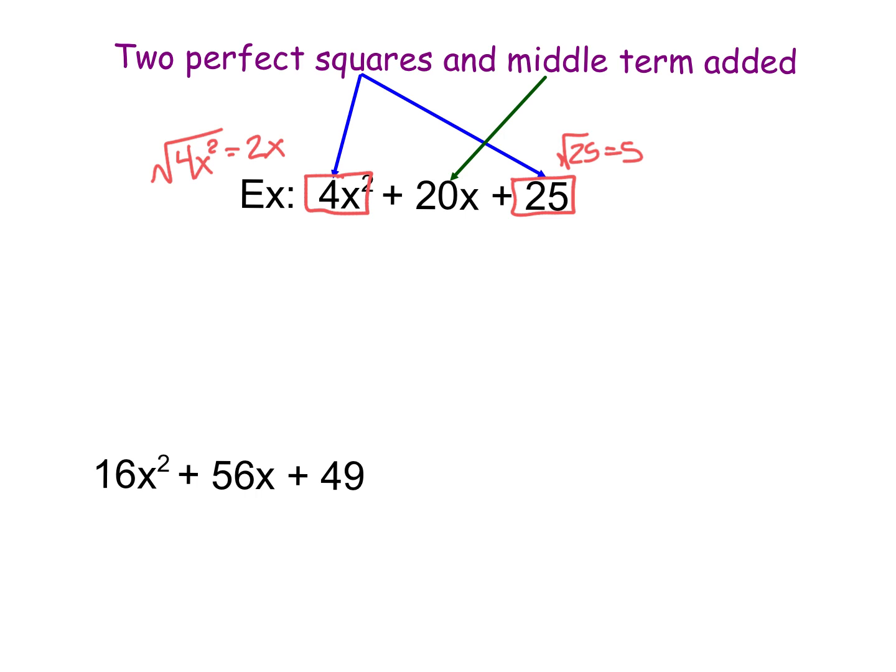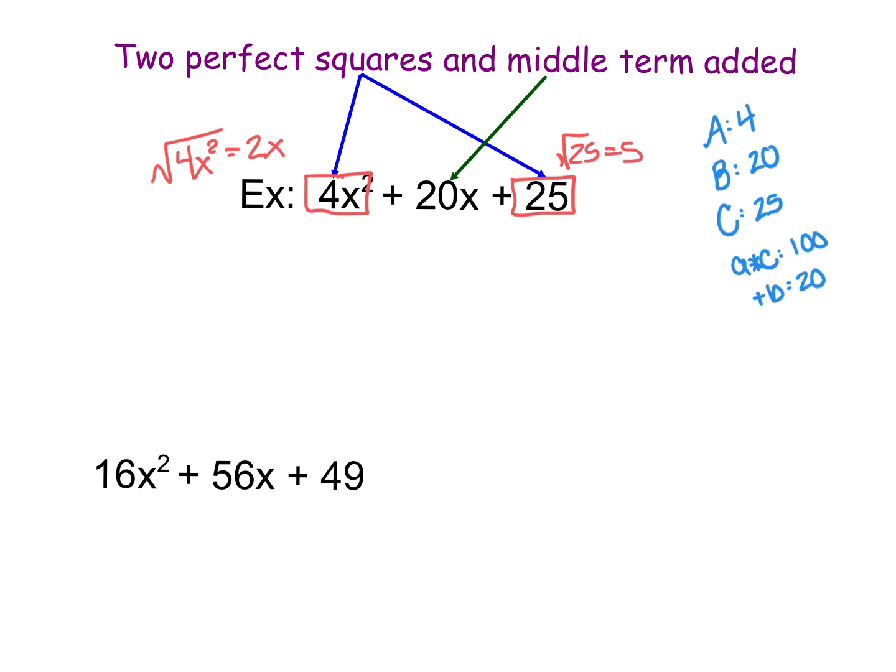Now that might seem a little bit random at first, but we'll see down the road why these values are important. For now, we're going to forget about the perfect square bit and just use our factoring trinomial strategy that uses the A, B, and C values to see if any patterns emerge. Here my A value is 4, my B value is 20, and my C value is 25. I need two numbers that multiply to A times C, 4 times 25 is 100, and that add to B, which is 20.